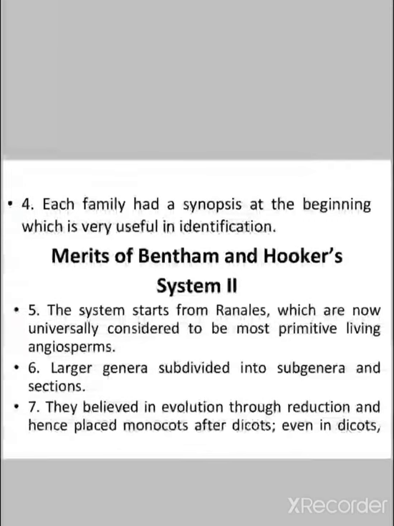The system starts from Ranales, which are now universally considered to be the most primitive living angiosperms. Larger genera are subdivided into subgenera and sections. They believed in the evolution process through reduction and hence placed monocots after dicots.